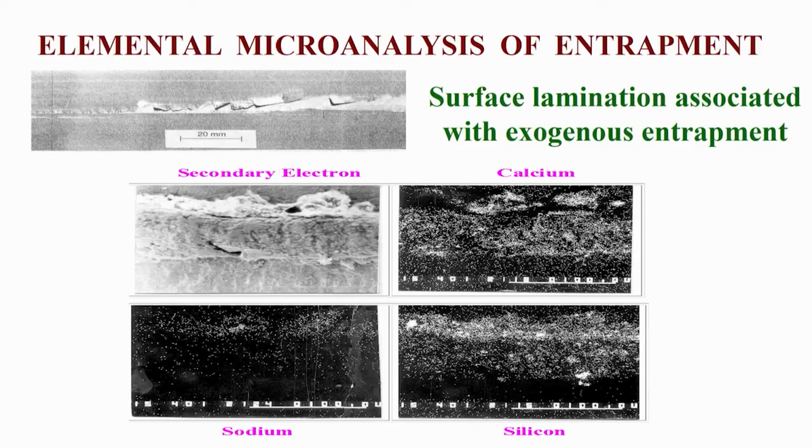Looking at the defect using X-ray information, either X-ray mapping or X-ray spectra at a particular location, we know what elements are present and what the possible constituents are. So, if sodium is present, this entrapment has come from mold slag. Mold slag entrapment, or entrainment, has caused surface lamination in this case.